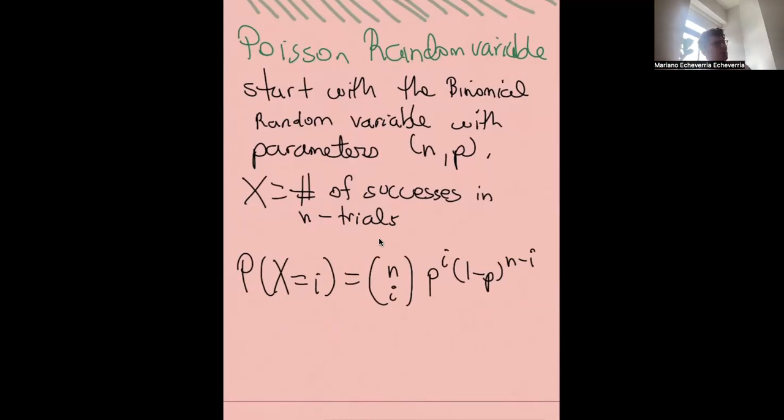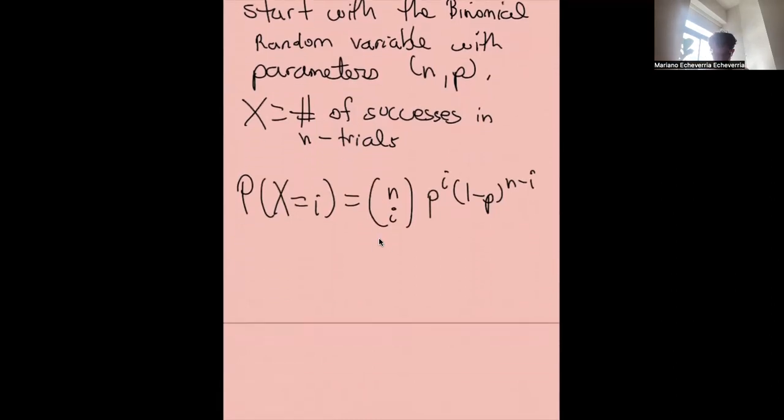We want to take a limit as n goes to infinity, so you want to make the number of trials very, very large.